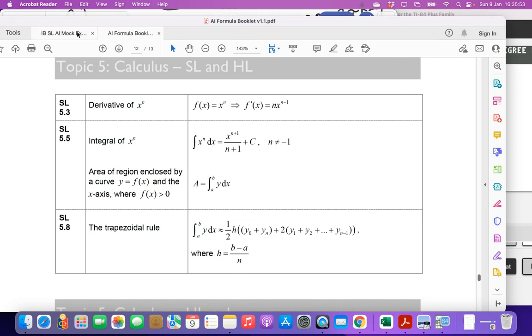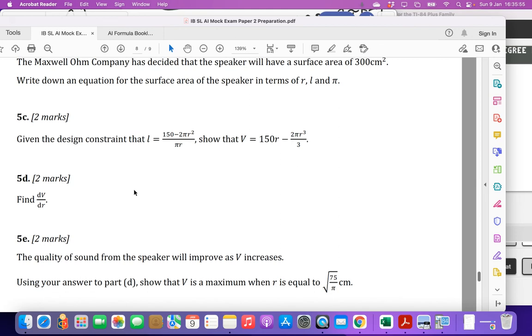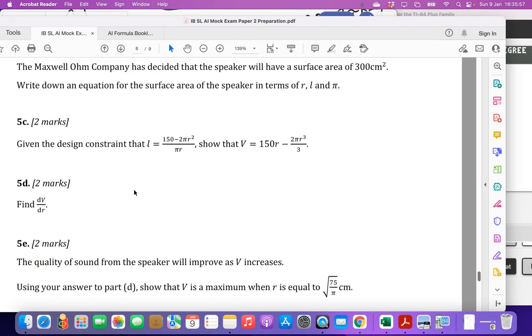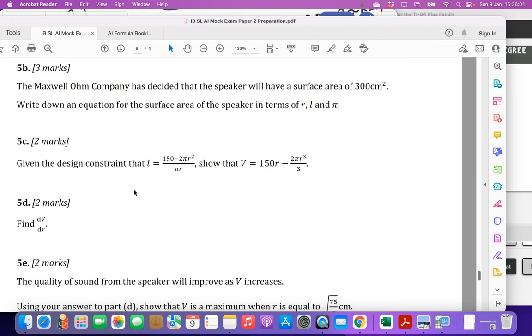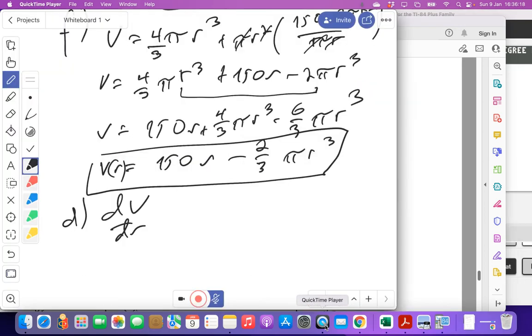So question D. Find dV/dr. I don't know how I messed up my numbering there. So dV/dr is reduce the power: take the power down front, and then reduce it by 1.